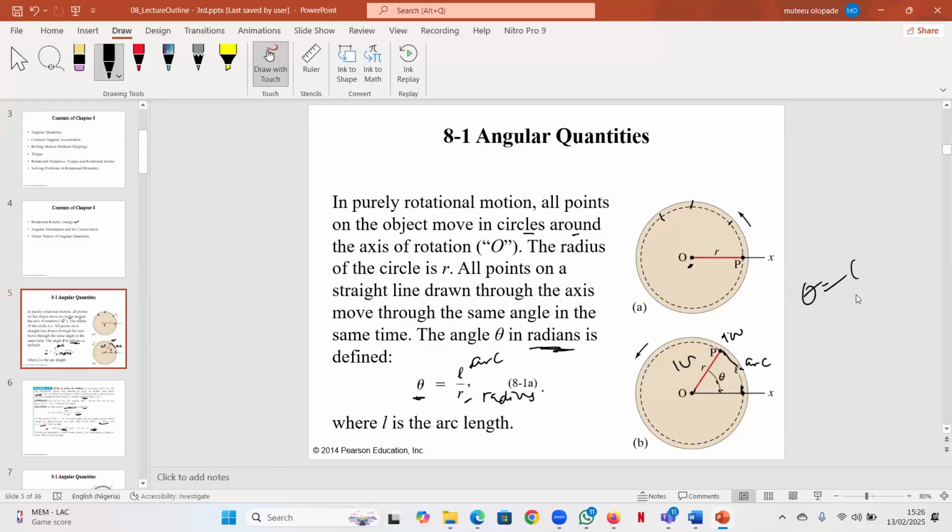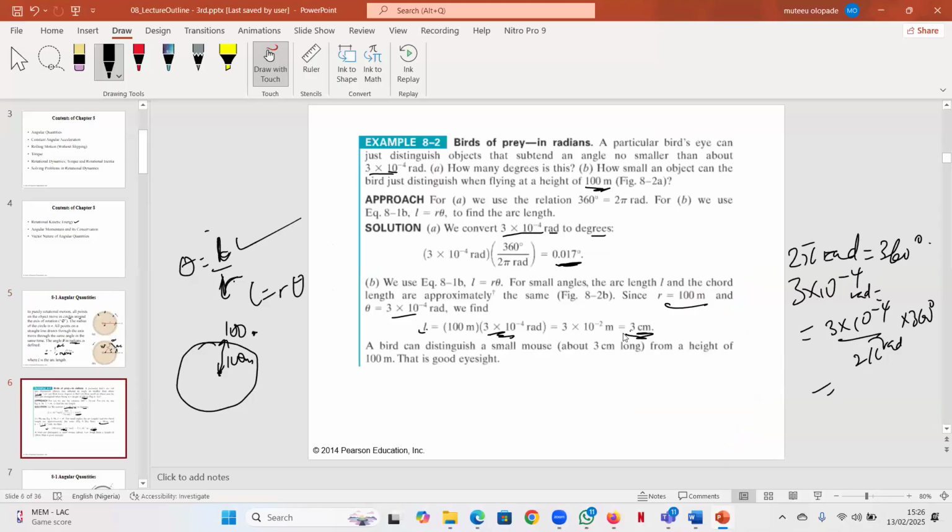So theta is equal to L divided by R. We are finding the L. L is theta R. Our theta, which we must know, is in radian. Then we have the radius. So if an object is here, how will the bird see the object? That is what we have just calculated, which gives us 3 cm. Any question? No, sir.